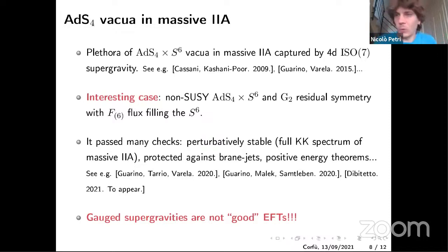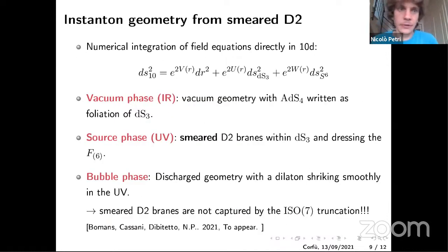So what we try to do is to come back to 10 dimensions and search for some de Sitter backgrounds that have more or less the same properties as the de Sitter backgrounds of the bubble of nothing that we study in general relativity. In particular, we search for a three-dimensional de Sitter slicing solution that reproduces in the asymptotics our AdS4 vacuum.